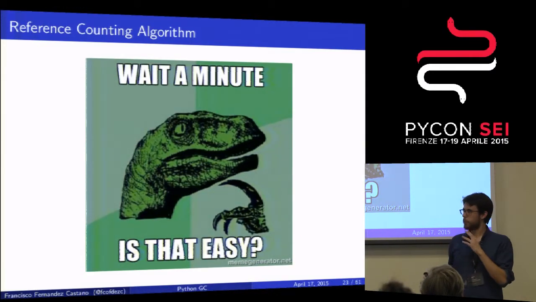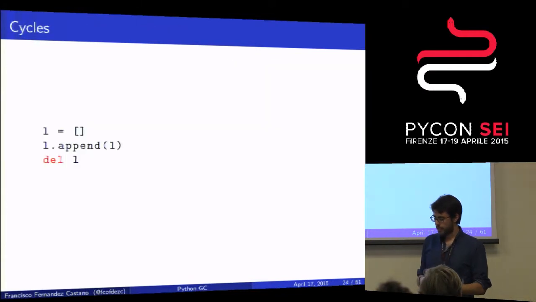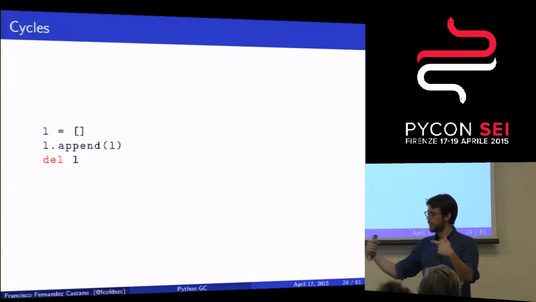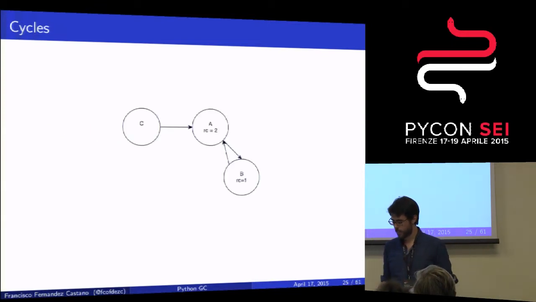But for me, it seems too easy, right? We were missing something, no? Yes, we are missing cycles. What happens if two objects reference each other, like in this example? I am creating a cycle in our graph. So it's something like this.